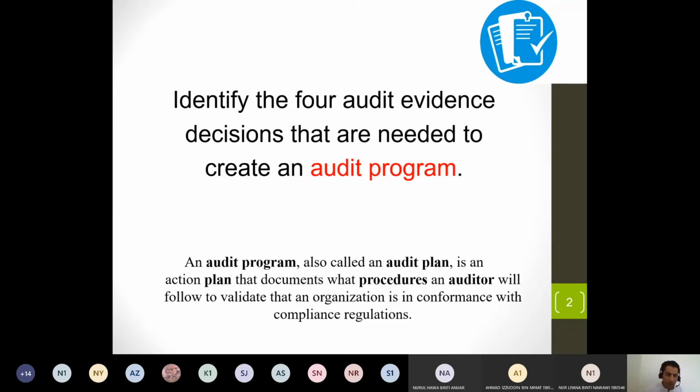We can call it the action plan or the audit program. It documents what procedures an auditor will follow to validate that an organization is in conformance with the compliance and regulation.